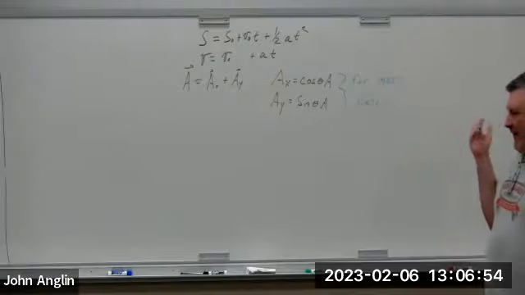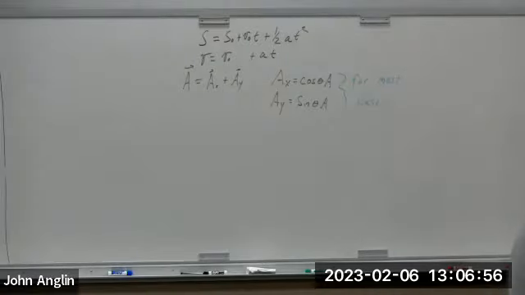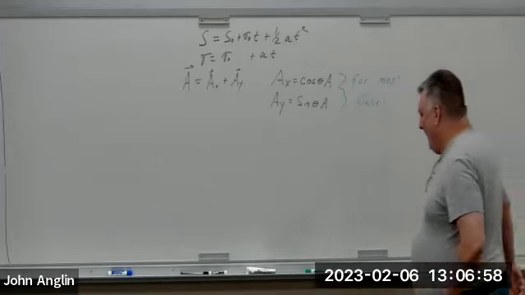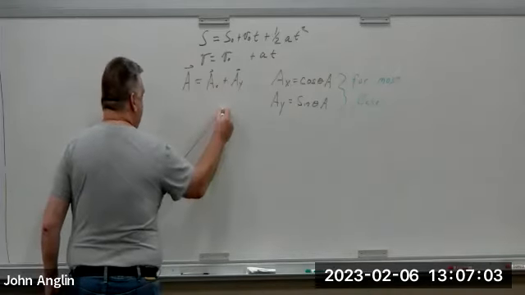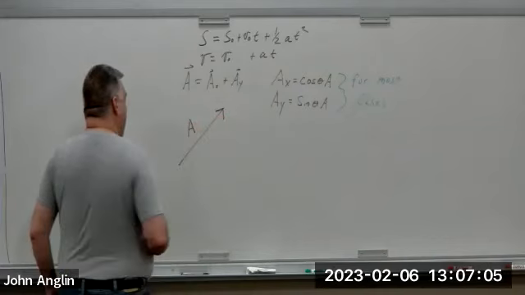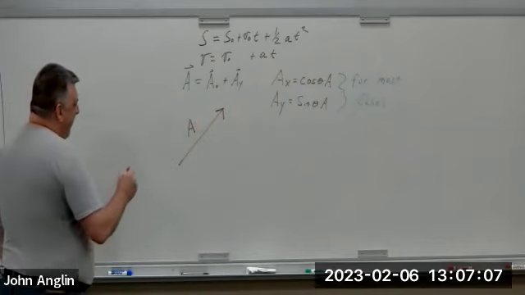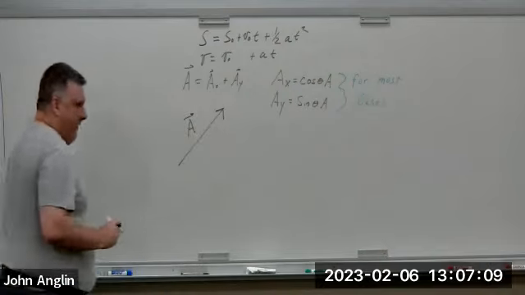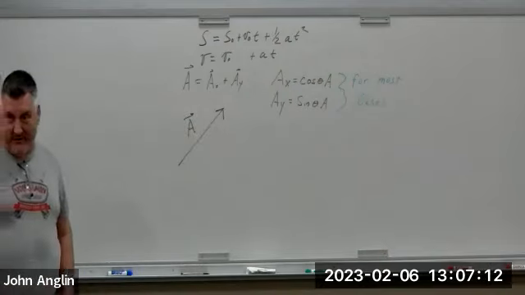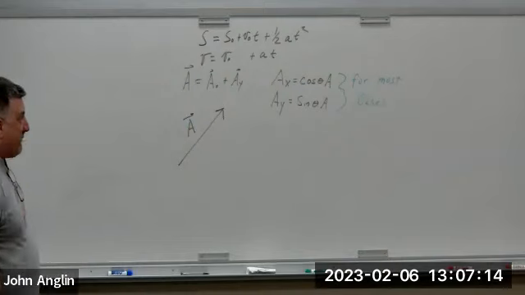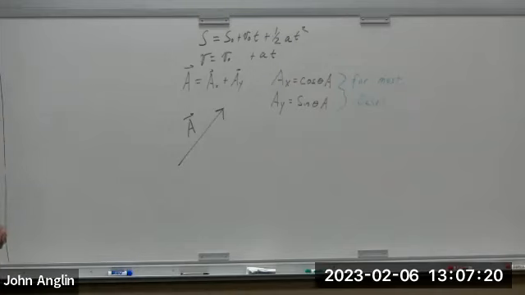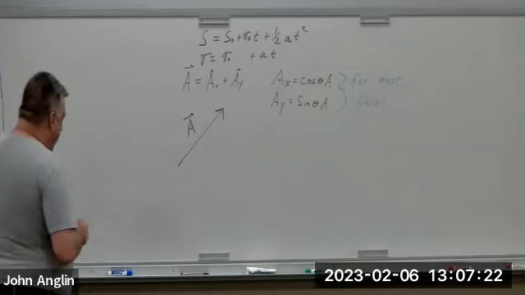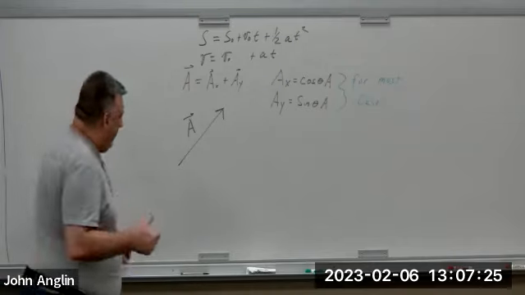So if we have any given vector A, it has an X component and a Y component. So if we remember what that looks like, here we have some vector A. I generally will put this little arrow on the top to indicate that it's a vector. For what you're doing right now, that's not going to make too much of a difference, but it is a good habit to start getting into, because it will help you as you get more advanced.